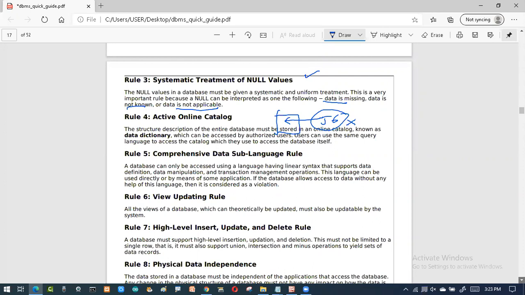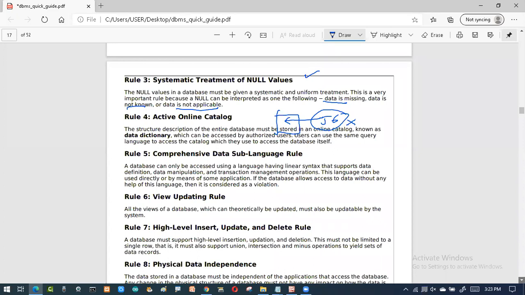Now coming to the fourth rule, it is the active online catalog. Again I'll give an example. If you go to a hotel, you will be ordering something, and in order to order, you should have a menu card. The menu card gives information about vegetarian, non-vegetarian, tiffins, or special North Indian thali, South Indian thali.